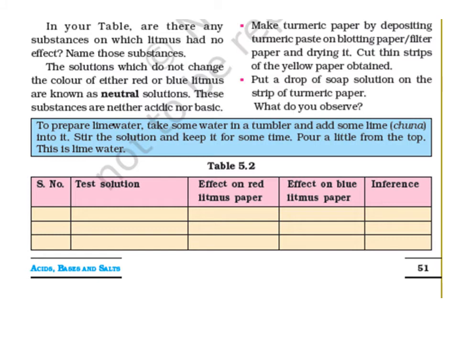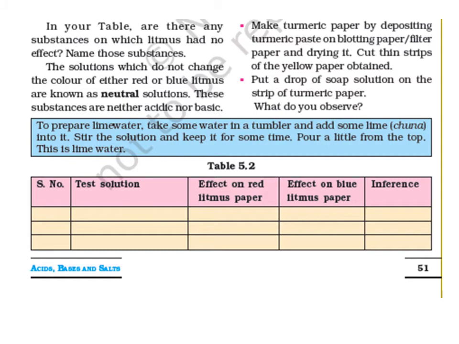We have to use this paste of turmeric for testing whether the given substance is acidic or basic or neutral. So how do we use it? Take one paper, or it is better to take filter paper if you have it, otherwise you can take a simple plain white paper.